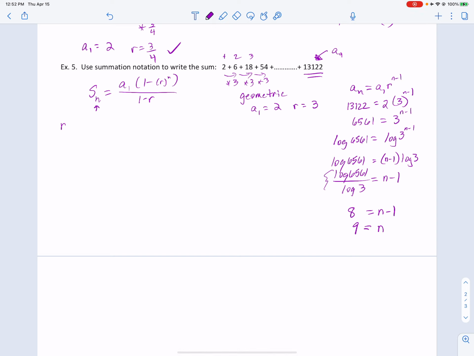So now that I know that n is 9, the sum of the first 9 terms is going to be my first term, 2, times 1 minus that common ratio of 3 to the 9th, all over 1 minus 3. And the 1 minus 3 is a negative 2, so that's negative.